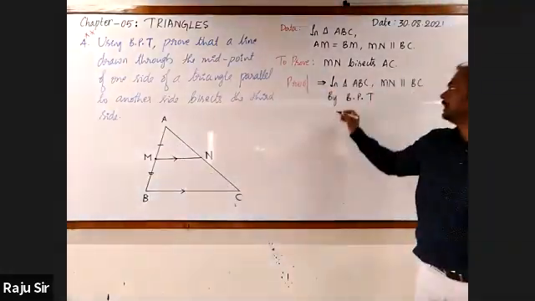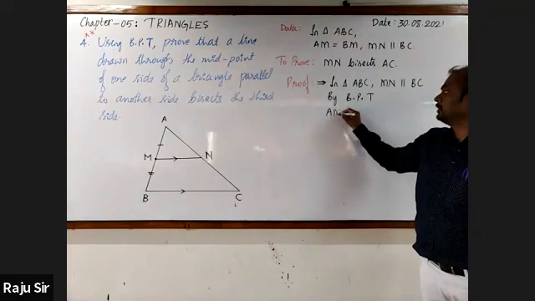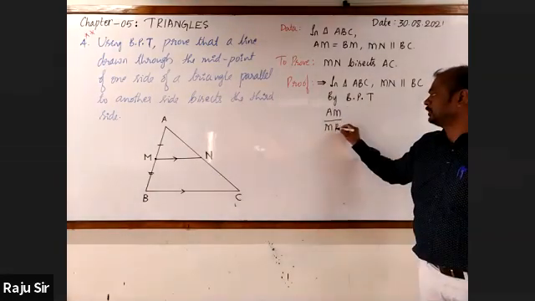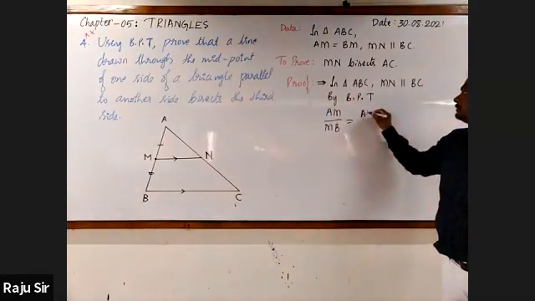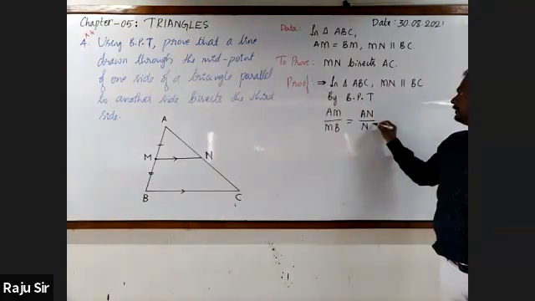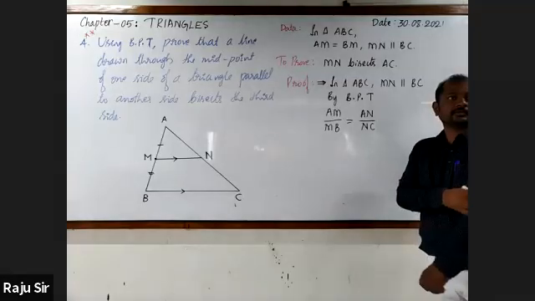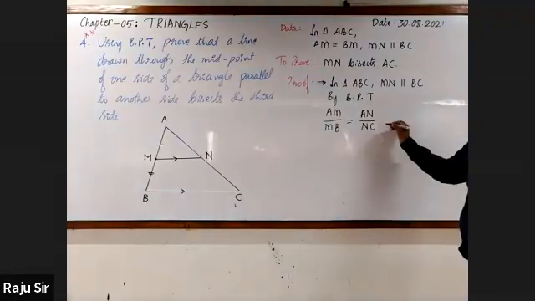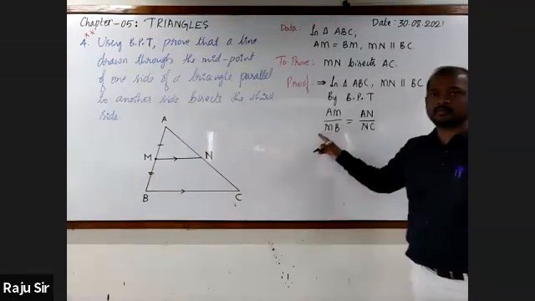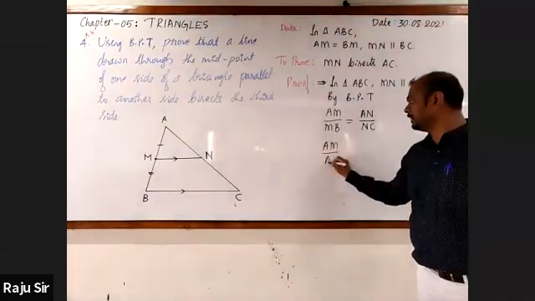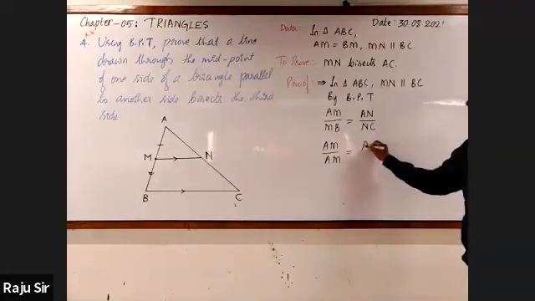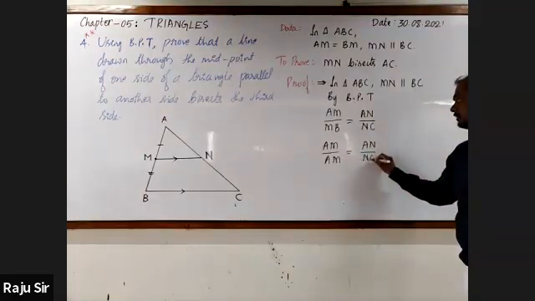AM by MB is equal to AN by NC. And further, AM by AM is equal to AN by NC.